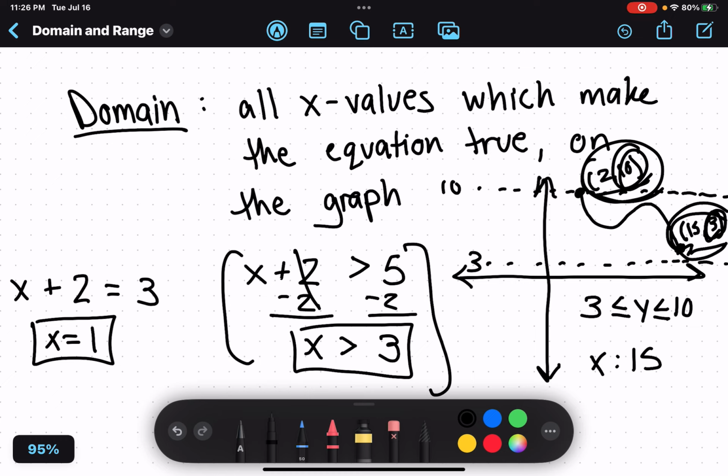Y has to be between 3 and 10 inclusive, meaning that it can be 3, it could be 10, and it could be any number between 3 and 10, but it can't be 11 or 2. Now, we already did y. I don't want this graph to get too messy, so let me try to clean it up a little.